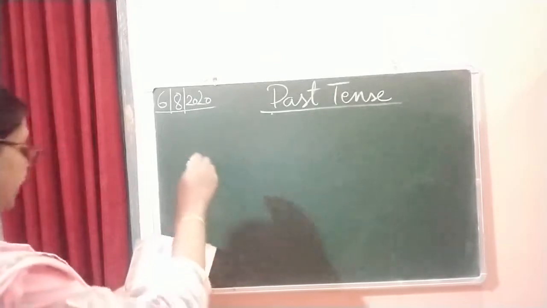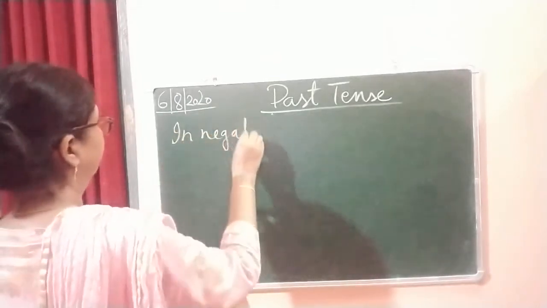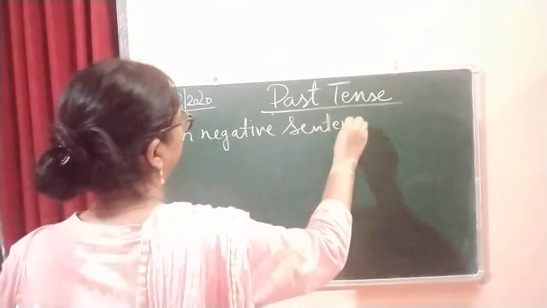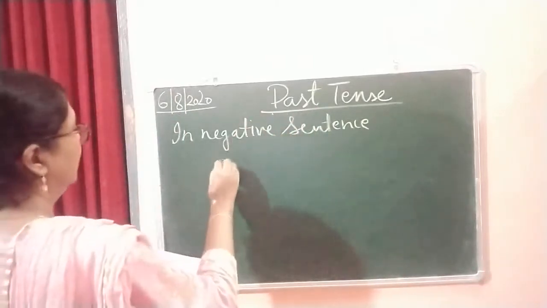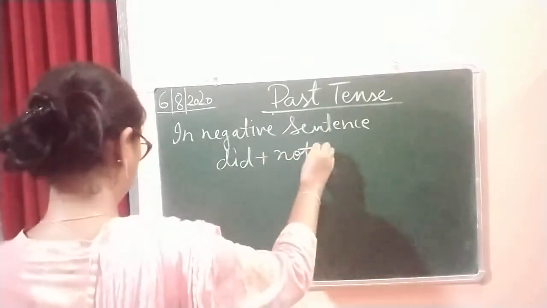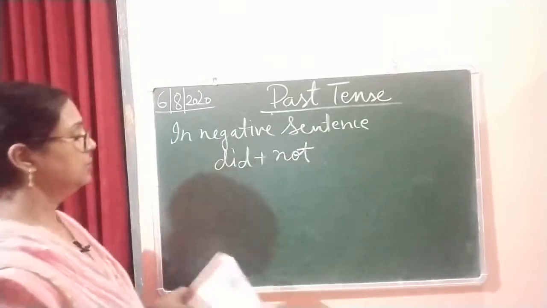Now, in negative sentences, we are supposed to write did plus not. This we have to remember. So, did not.